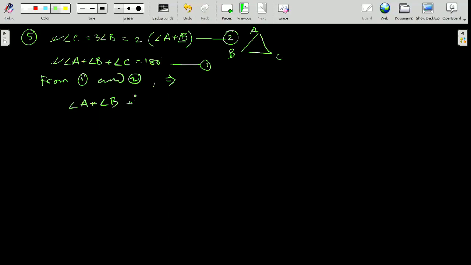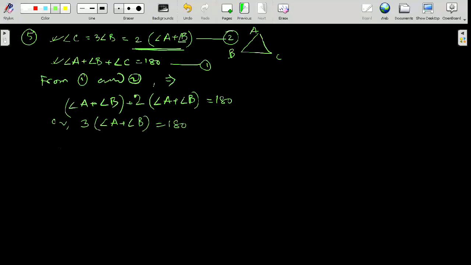Angle C is equal to 2 times A plus B, that will be better. So angle A plus angle B plus 2 times angle A plus angle B, that means 3 times angle A plus angle B, is equal to 180.